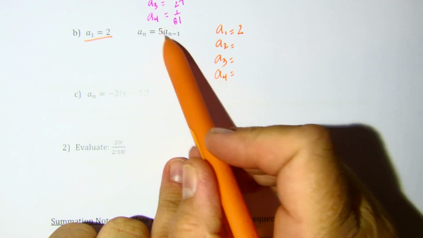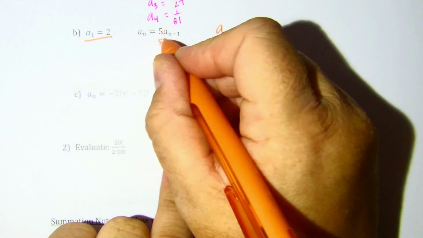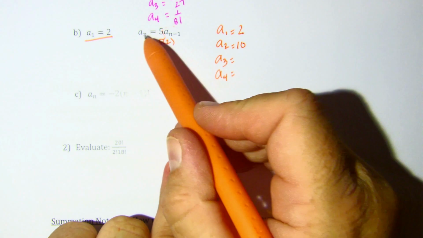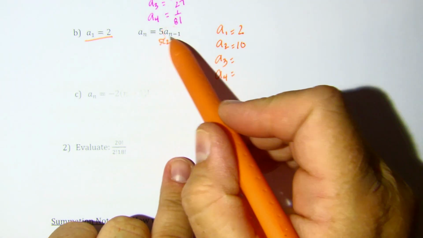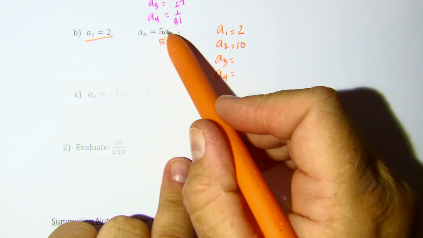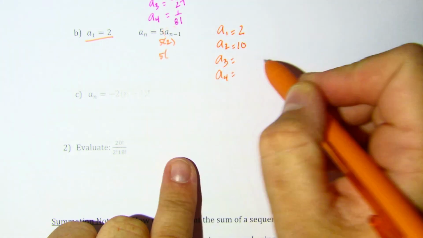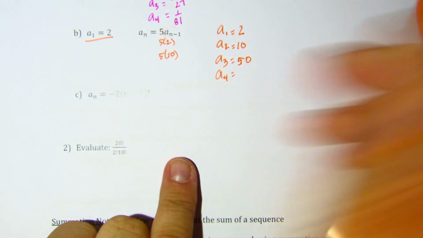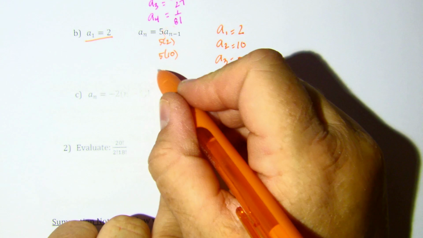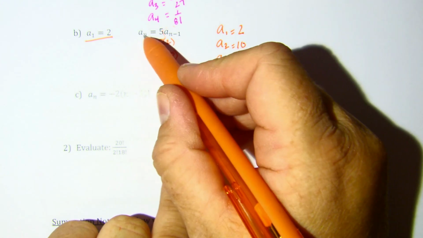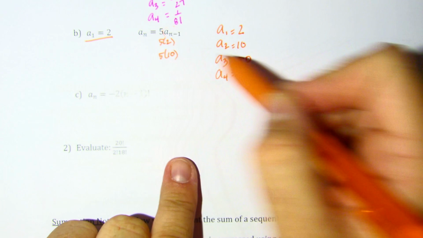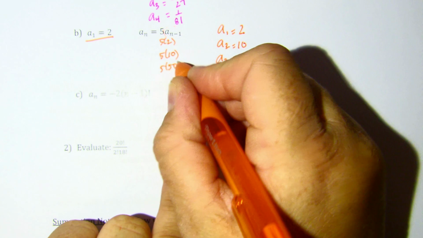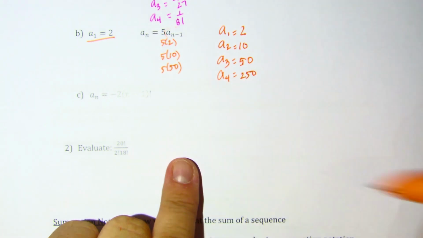A sub 1 is equal to 2, so that would be 5 times 2, and that's 10. Then for a sub 3, 3 minus 1 would be 2. I need a sub 2 multiplied here, so 5 times a sub 2 is 10, so that would be 50. And then for a sub 4, n is 4, 4 minus 1 is 3, I need the term before it, so a sub 3 was 50, so 5 times 50 is 250. And that's the first 4 terms.